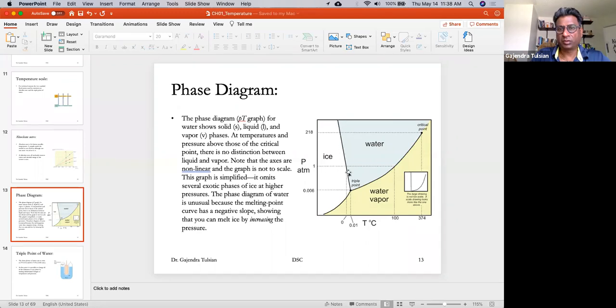These lines are coexistence lines. So at these temperatures and pressures along these lines, both ice and water can exist. In this area, only ice can exist. In this area, only water can exist. In this area, only water vapor can exist, and so on. So at 1 atmosphere, water boils at 100 degrees Celsius.